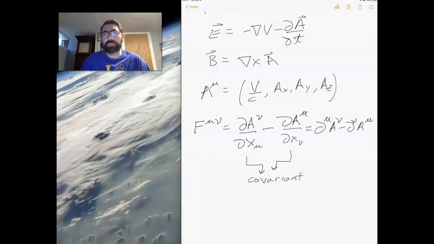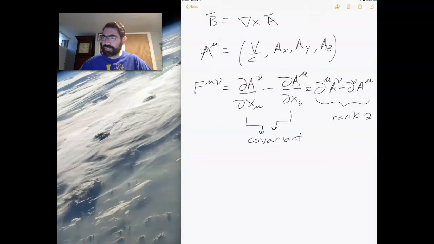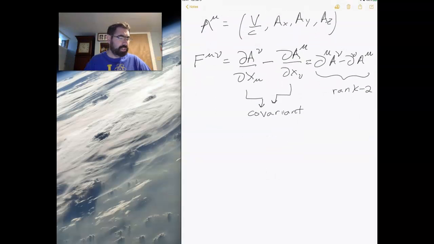So all the terms in this equation have raised operators. So it's not a dot product, doesn't give us a scalar value. So this is what gives us the 4x4 matrix form of the field tensor. So this, in fact, is a rank 2 tensor, because if you were to put in all of the indices for mu and nu, you would get a 4x4 matrix.